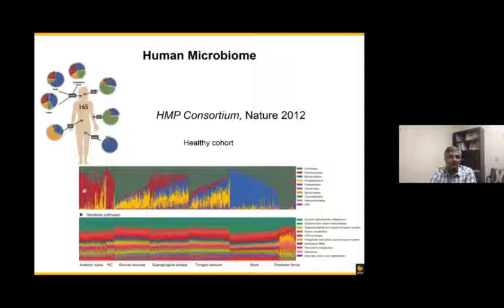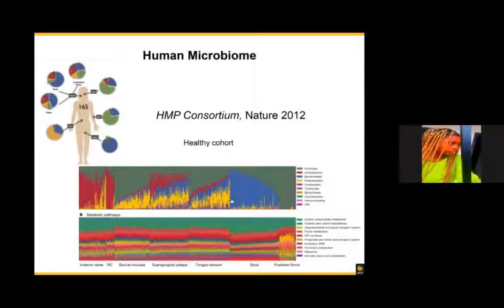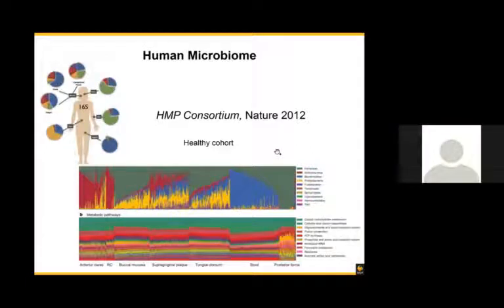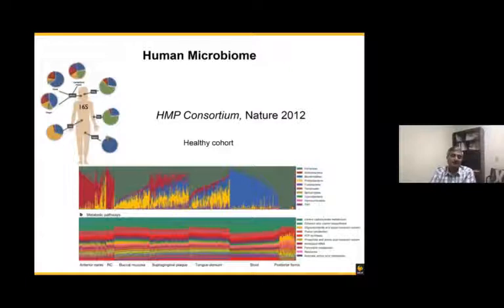One of the take-home messages was that the community composition is quite different across many parts of the human body. So the gut microbial community is quite different from what you find on skin and so on. A lot of the techniques we used for the Human Microbiome Project data analysis were approaches that we had designed initially as part of the Global Ocean Sampling Expedition project that I mentioned earlier.